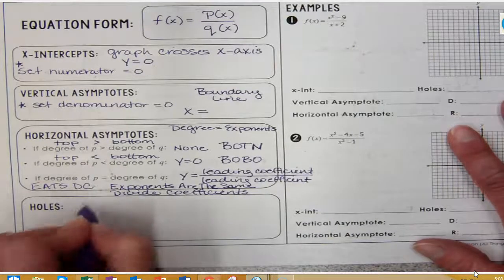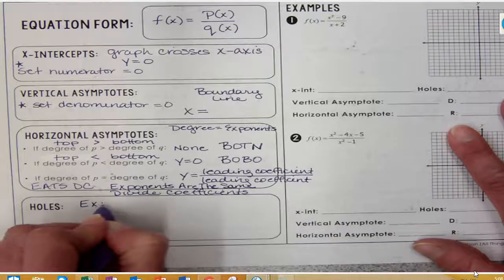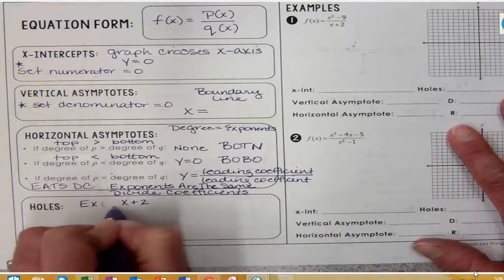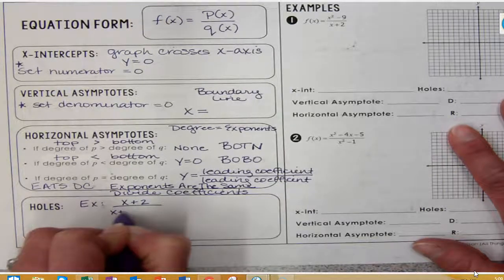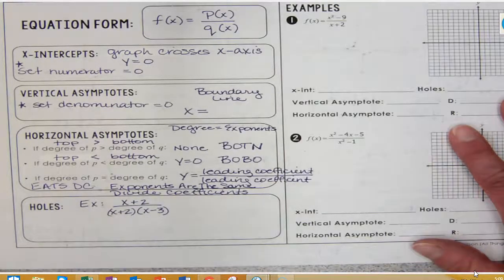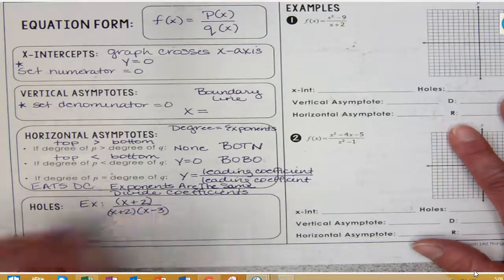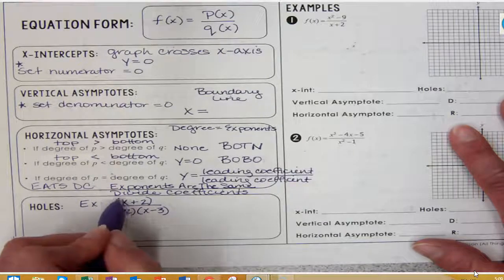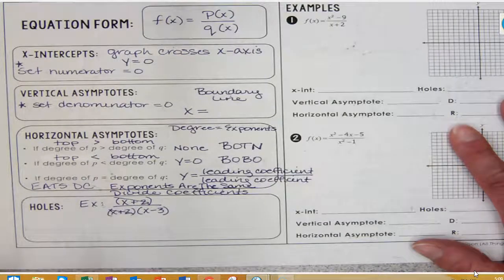For example, if I have x plus 2 divided by x plus 2 times x minus 3, your hole is going to occur at the place where they would cancel each other out, where these would simplify to 1.